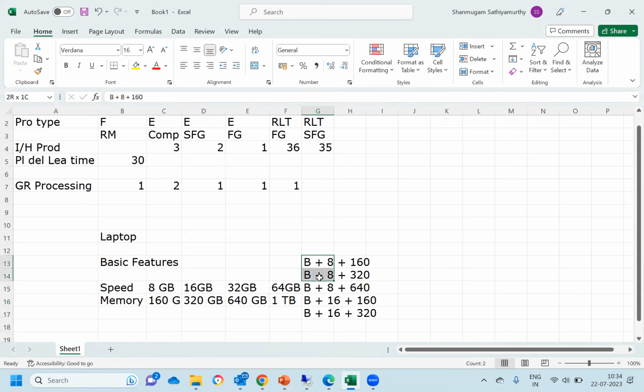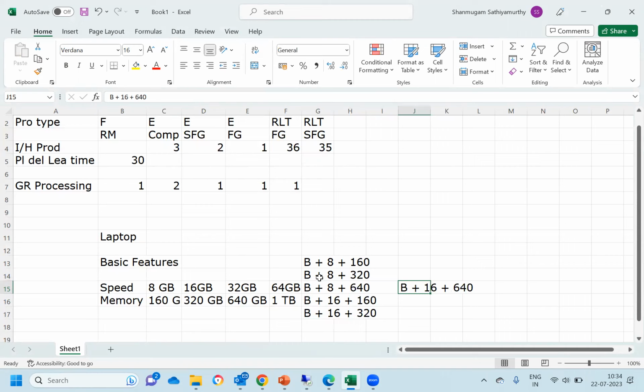These are the 5 stocks you have exhausted, right? Now a customer is coming and asking, I want B plus 16 plus 640. What is happening? You had only 8 plus 640, for example, but you already converted this along with the 8 GB speed and kept it in stock. But the customer is asking now for 16 GB.